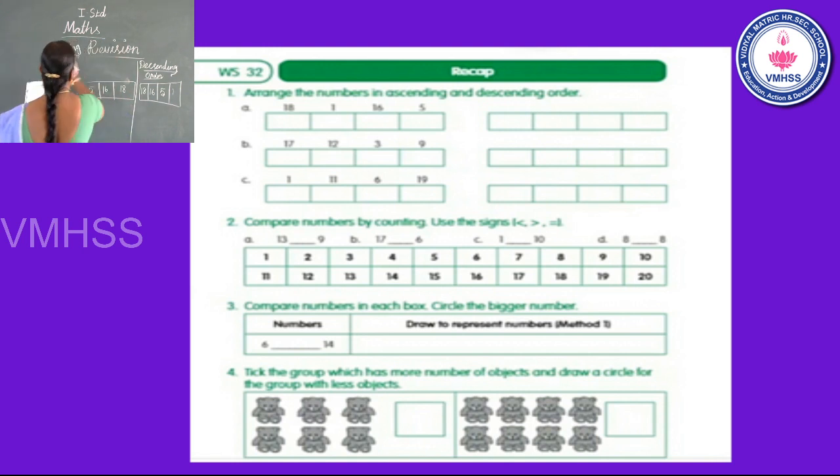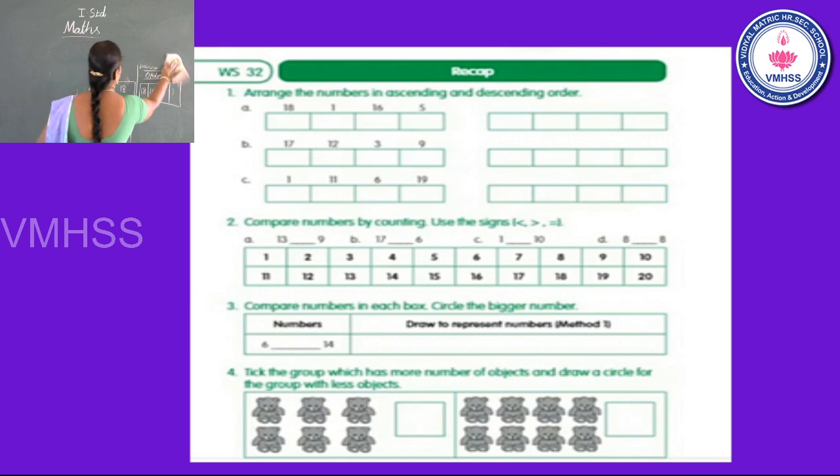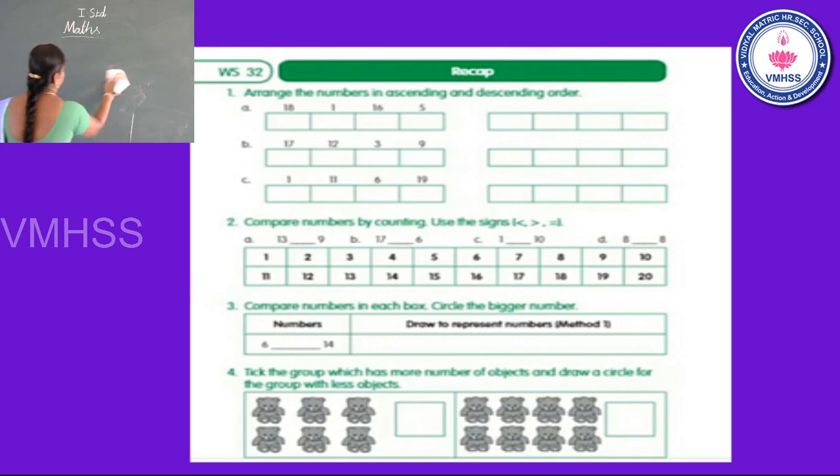Students, see in A part. Compare the numbers by counting. Use signs: less than, greater than and equal. First, what is the first number?